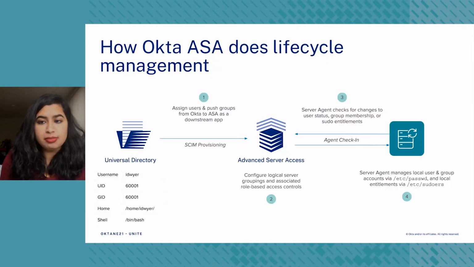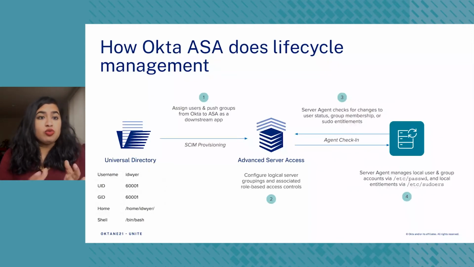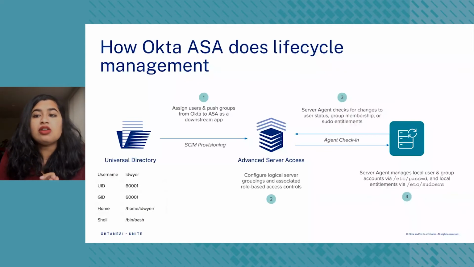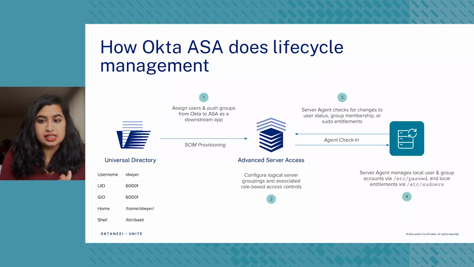What's really cool about doing this at scale is we're talking about one in this picture example, but think about this in thousands and tens of thousands and hundreds of thousands of servers enrolled. Once the agent is installed and enrolled, any change in Okta is picked up pretty much instantly and reflected across the whole fleet.